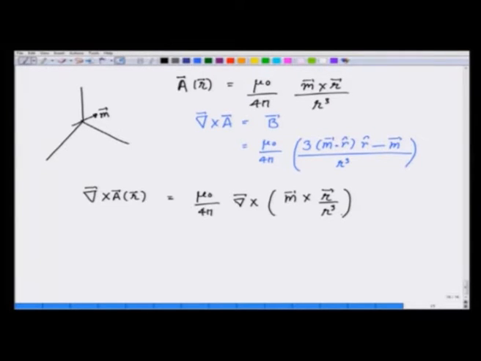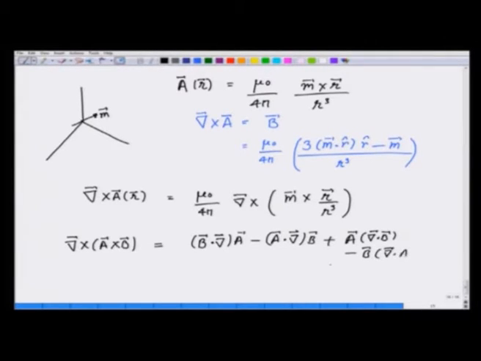Now, I am going to use this identity: curl of A cross B is nothing but B dot del operator operating on A, minus A dot del operator operating on B, plus A divergence of B, minus B divergence of A. And take my A vector in this case to be m, which is a constant vector, and B vector to be r over r cubed, which is also equal to minus gradient of 1 over r.